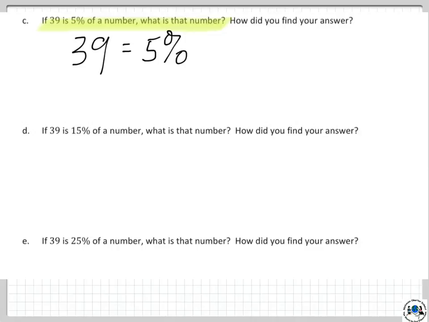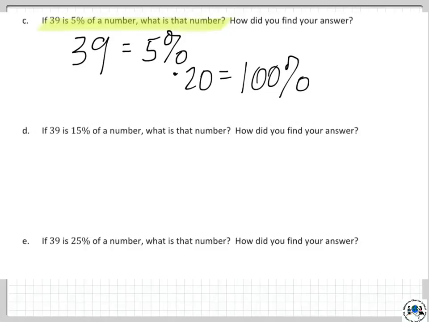Now I know that the way I go from 5% to 100%, because I'm trying to find out what the whole number is, is I need to multiply by 20, of course. We have to rely on our knowledge of the factors of 100, and 100 is a pretty easy number by this time in our lives.